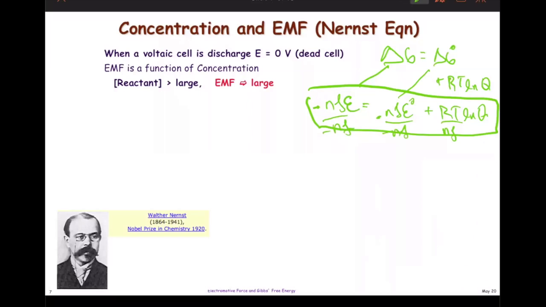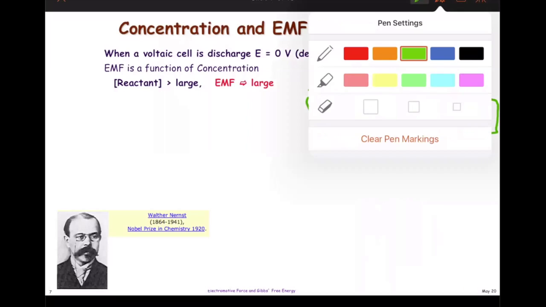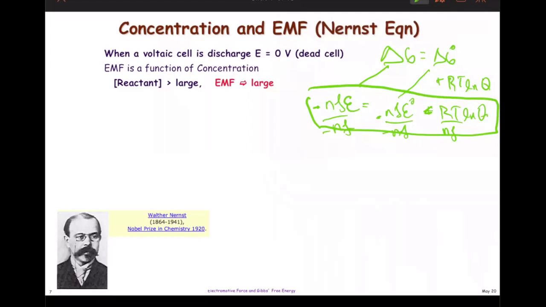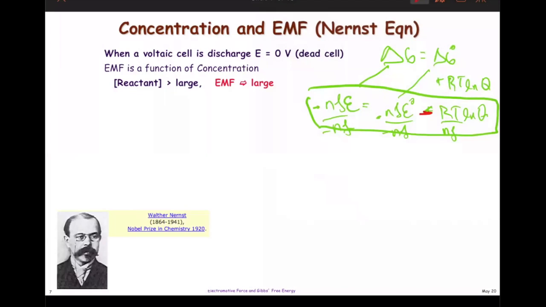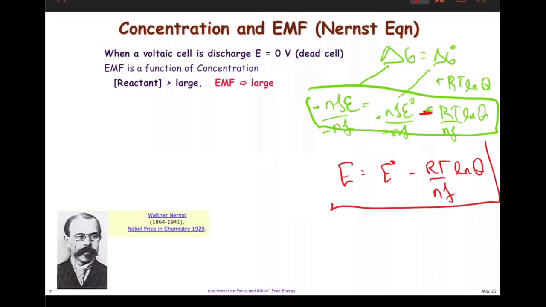And now that becomes a negative. That becomes a negative. So this is going to be E is equal to E0 minus RT over NF natural log Q. That right there is your Nernst equation.